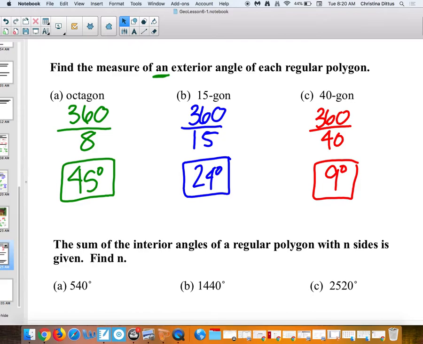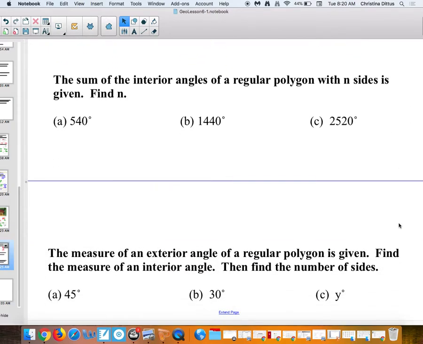Okay, we got a little more algebra intensive in the rest of this. It says the sum of the interior angles of a regular polygon with n sides is given. Well, I have a little formula about finding the total sum of interior angles. Anybody remember that formula? It's n minus 2 times 180.